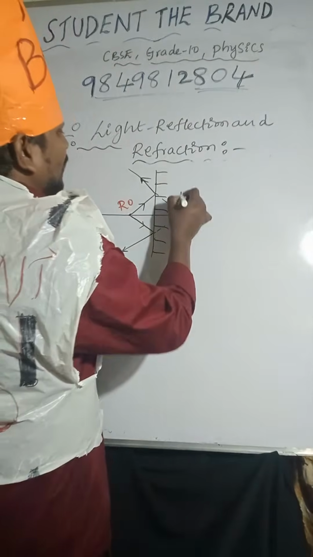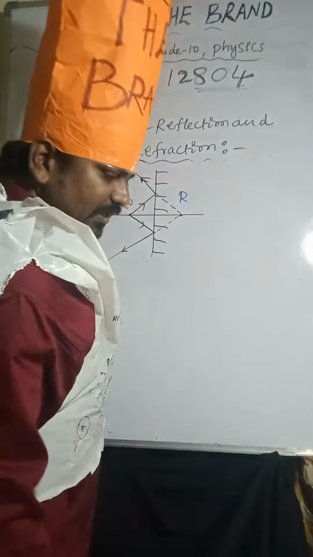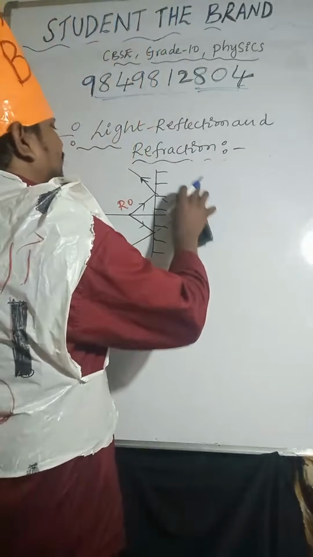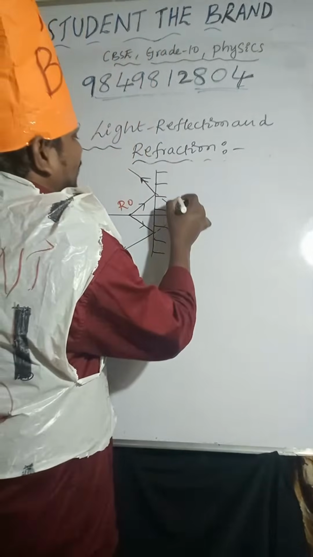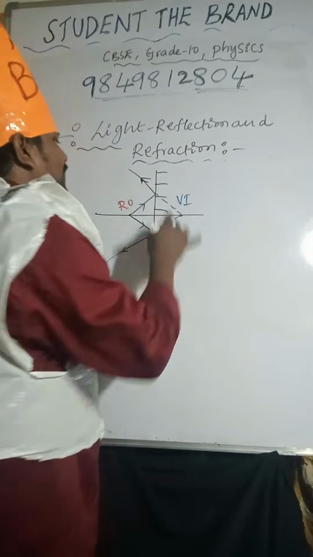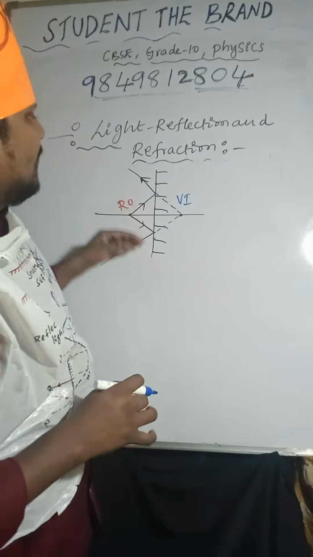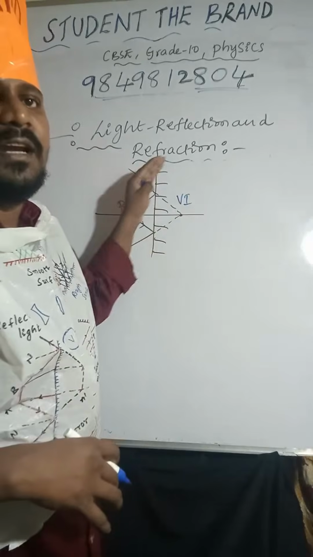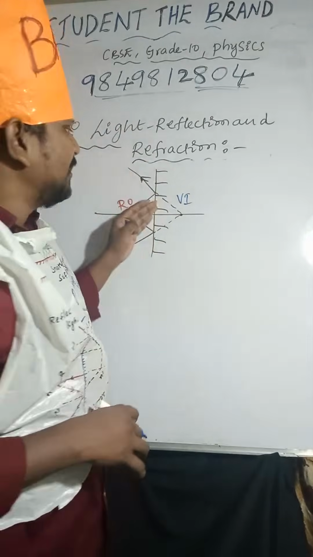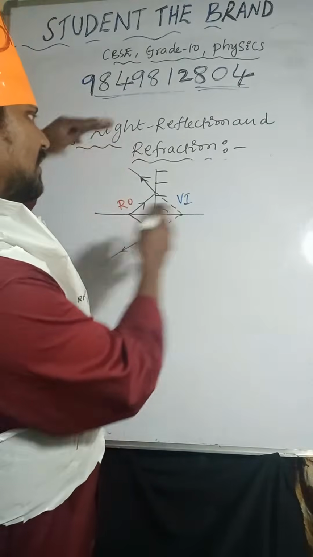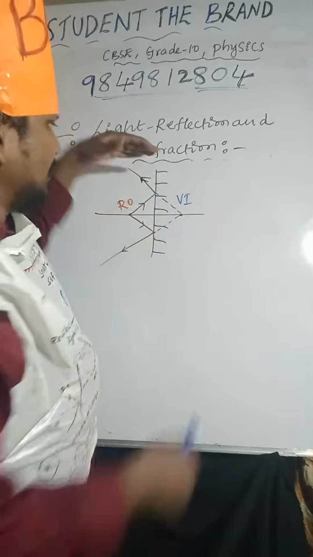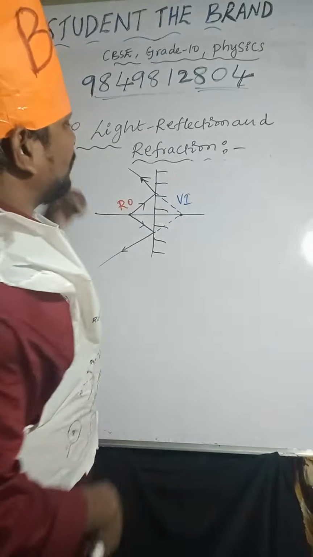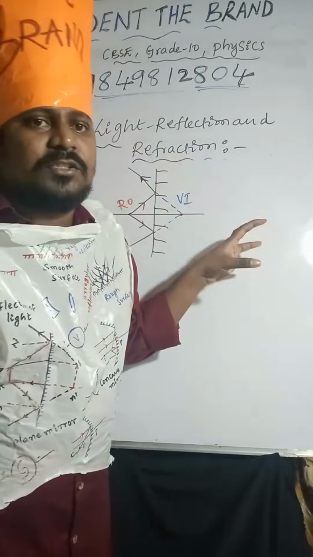That is called a virtual image. Sir, why do you call it a virtual image? Because we are extending the reflected light rays. The two dotted lines, the extended reflected light rays, meet at one point, and their image is forming. That is a virtual image, right?